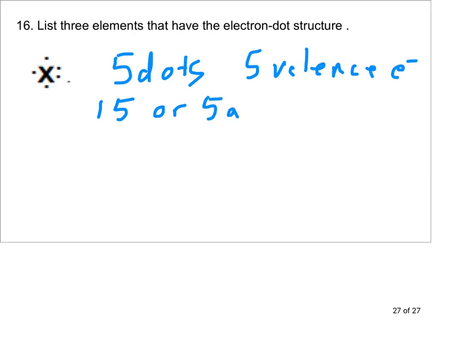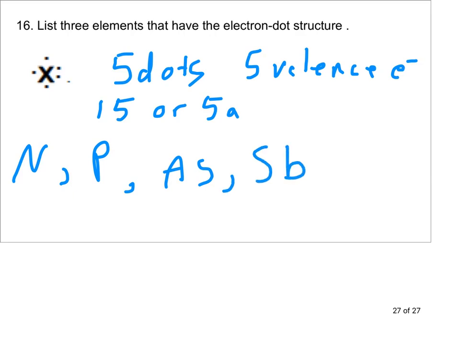So anything out of group 15 or 5A. So you could have picked nitrogen, phosphorus, arsenic, antimony, and bismuth. So any 3 of those.